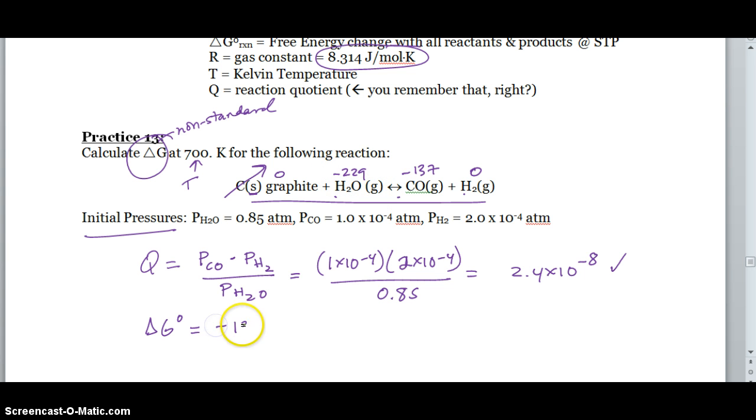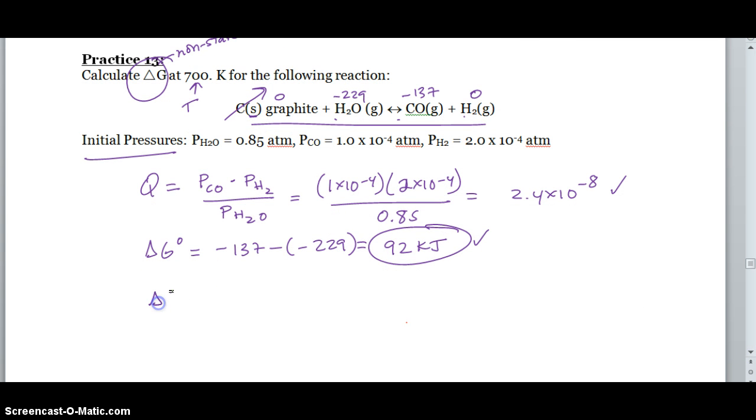Doing products minus reactants, delta G naught for this is positive 92 kilojoules. So I've got that value and that value. To solve for delta G non-standard, it's delta G naught plus RT ln Q.